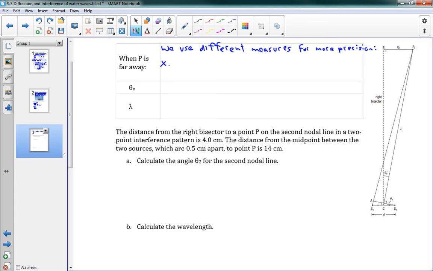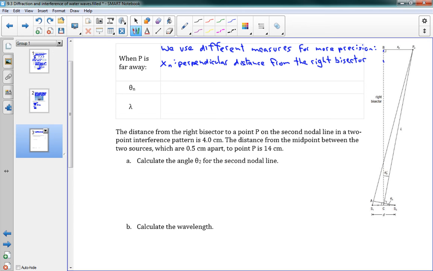So one of the measures we use is xn, which is the perpendicular distance from the right bisector. The right bisector is the line that goes between the two sources.